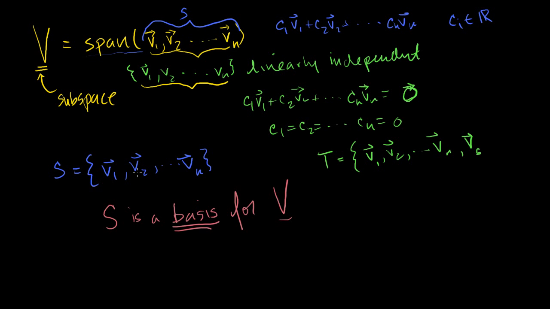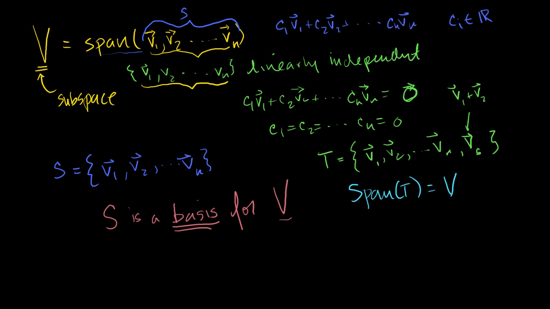So it's essentially the set S plus one more vector, where this vector is equal to v1 plus v2. So clearly, this is not a linearly independent set. But if I asked you what the span of T is, the span of T is still going to be this subspace V.